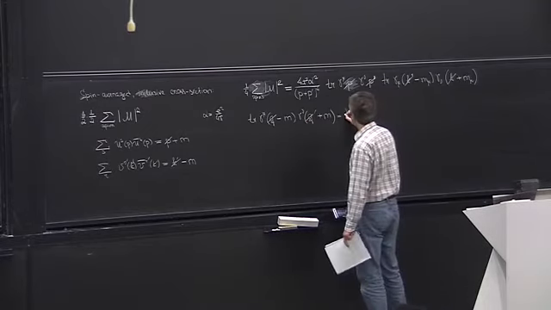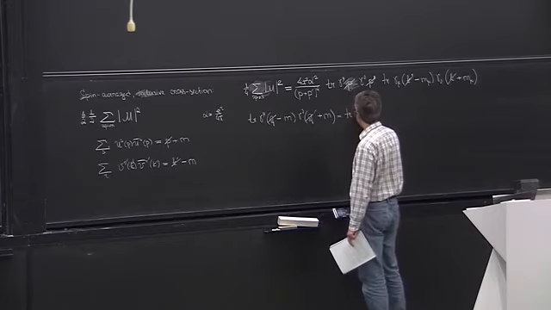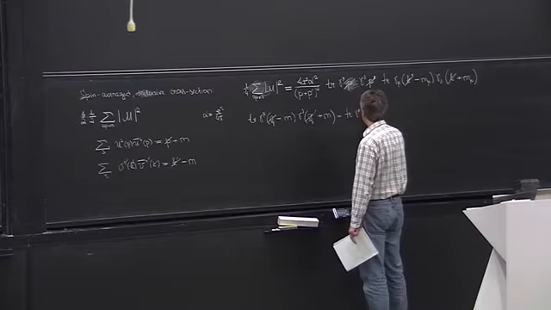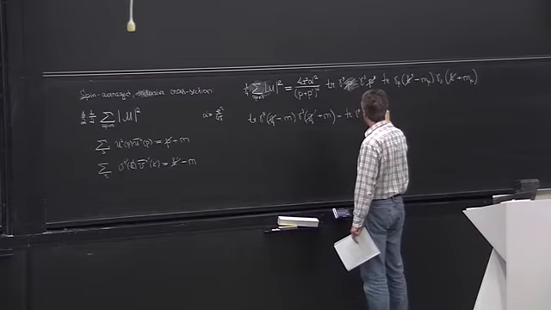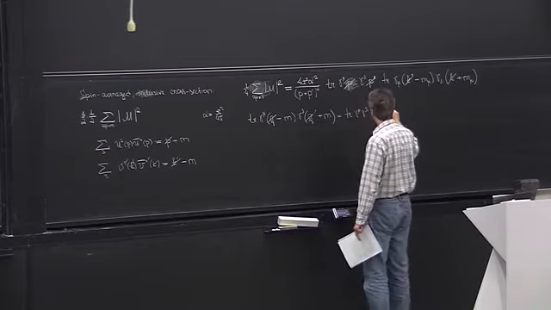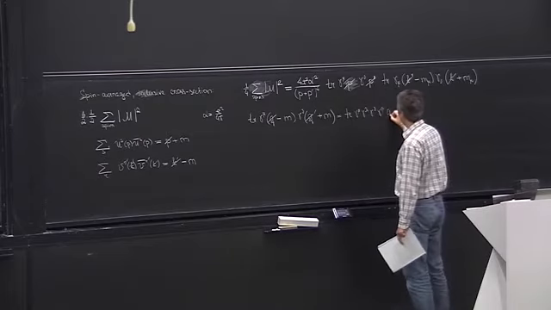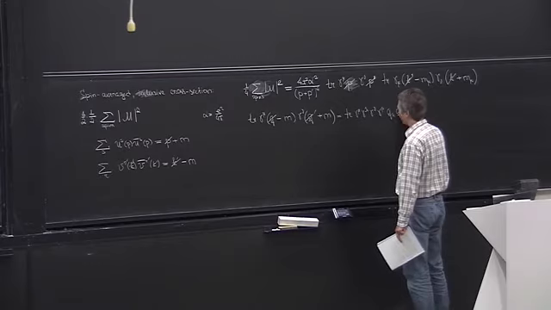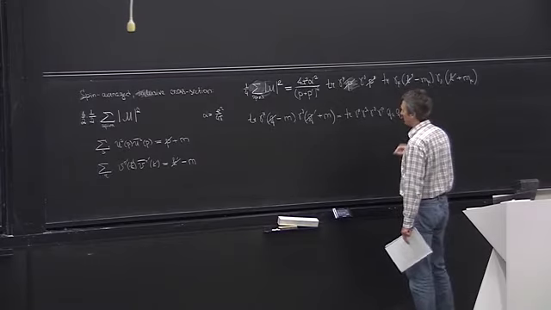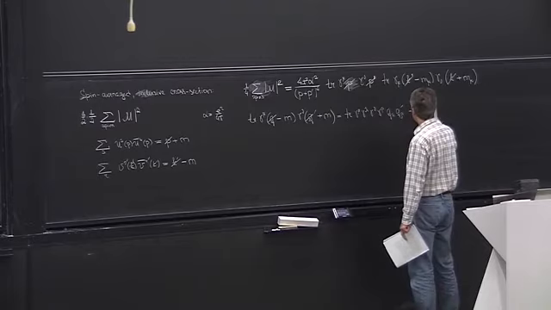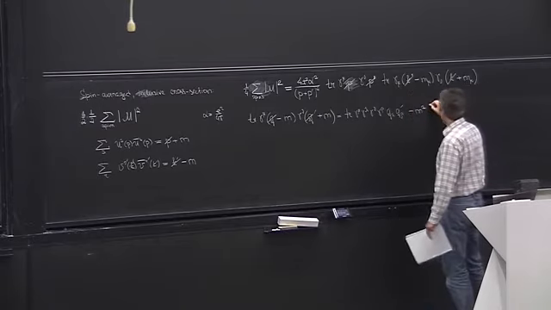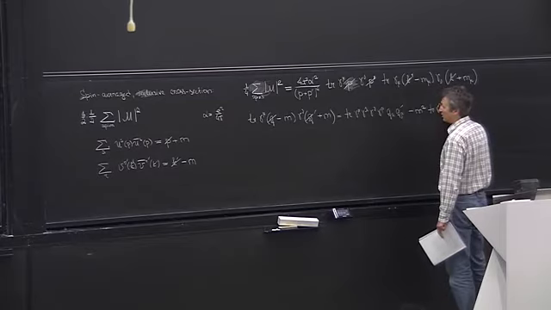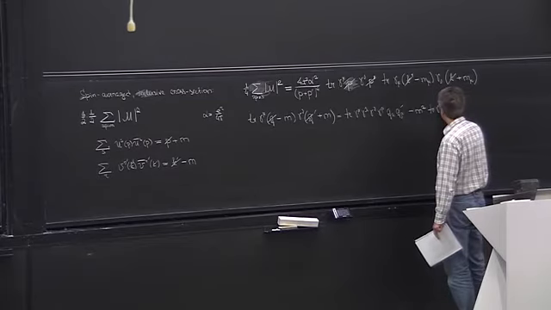So we have 2 traces, in fact: gamma mu, gamma lambda, gamma nu, gamma rho, contracted with q lambda q prime rho, and then minus m squared trace gamma lambda, gamma mu, gamma nu.